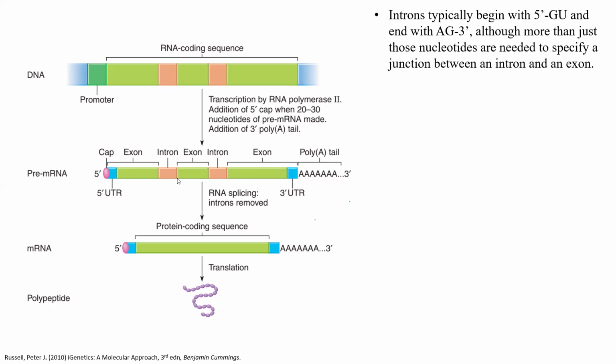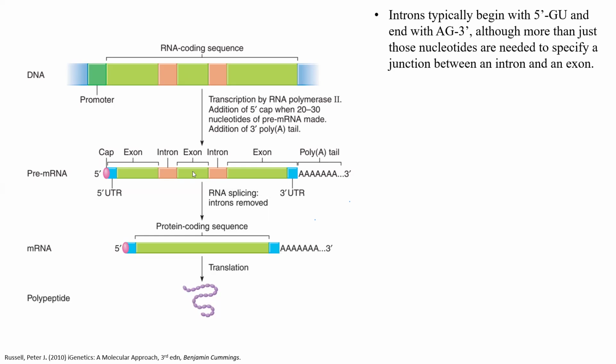Is there a possibility that accidentally an exon is removed and an intron is retained? That should not happen, and that doesn't happen because the machinery which does this is highly accurate.